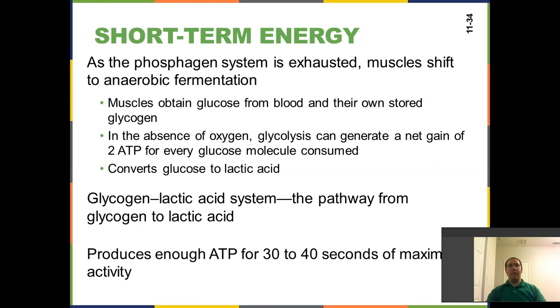We have enough glycogen in our body to let us run for about 30 to 40 seconds. And so between the myoglobin, the phosphagen system, the 30 to 40 seconds of the anaerobic fermentation, we have enough to run about a minute.